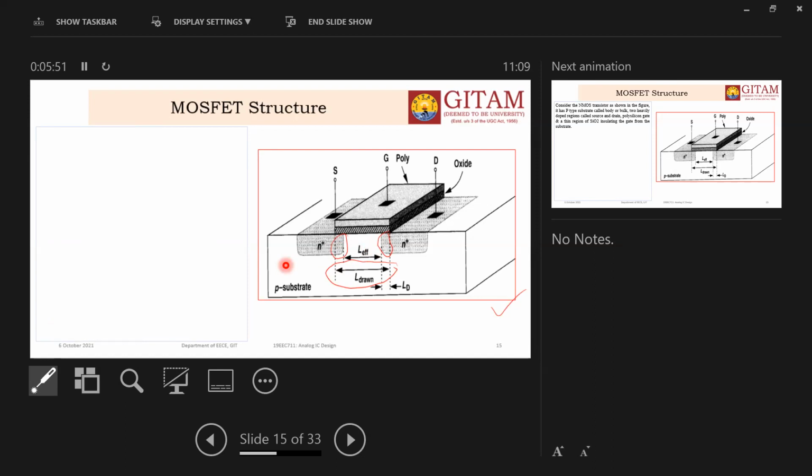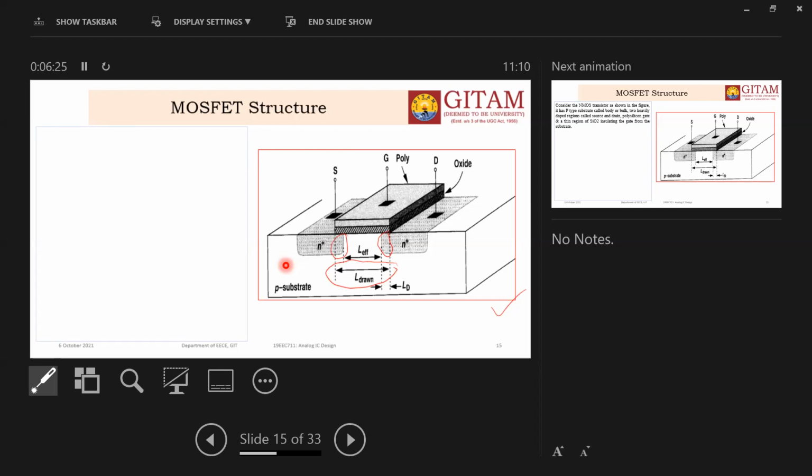The channel length is reduced. The length of the gate is L drawn, but the length of the channel is less than L drawn. Suppose each side, source and drain side, has a side wall diffusion of length LD, then the two sides together become 2LD. Generally gate length and channel length are taken as the same, but physically they are different.